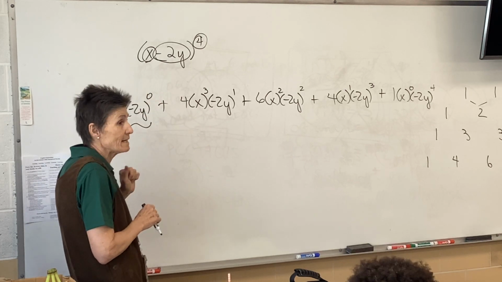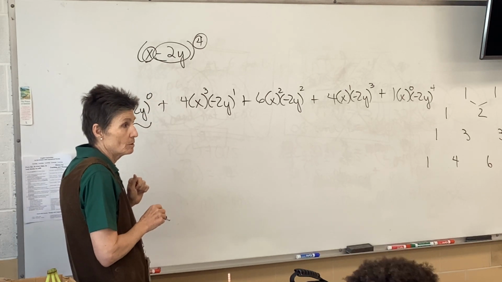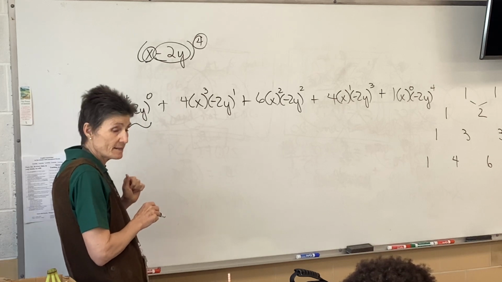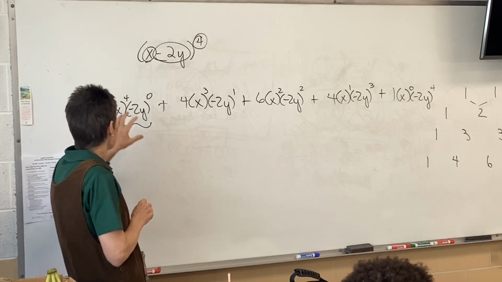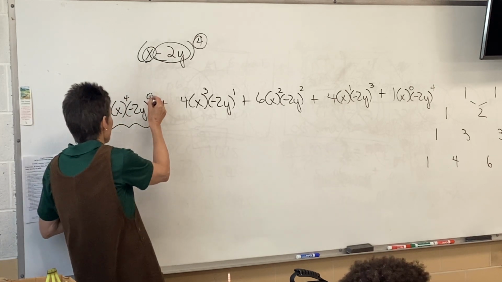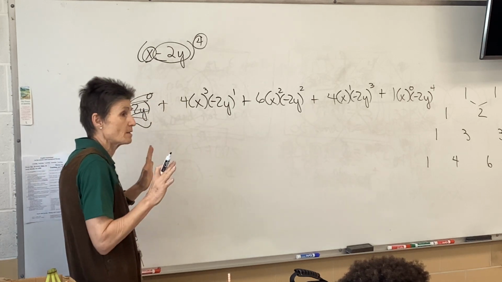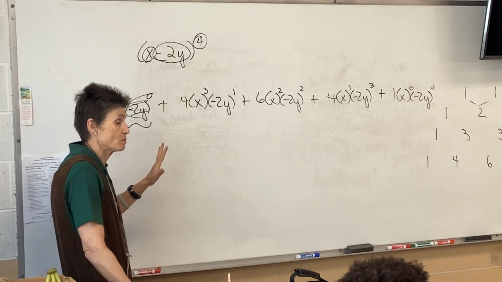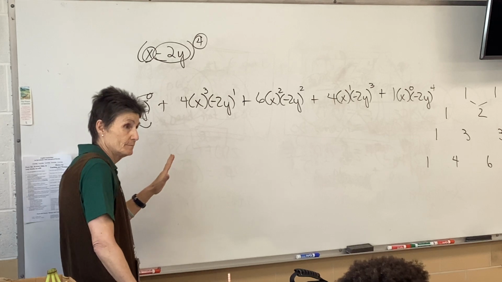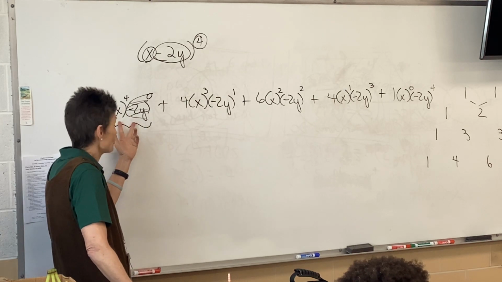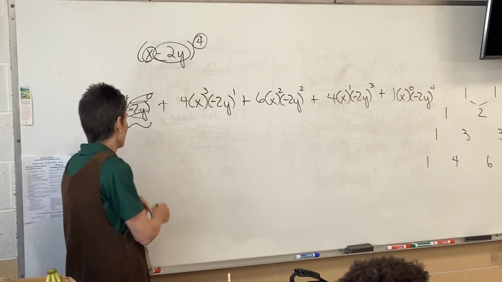Now, what is anything to the 0? Anything to the 0 is 1. So this is like multiplying by 1. So I'm gonna just cross it off so it doesn't confuse me. That's a 1. So what's my first term? X to the 4th.